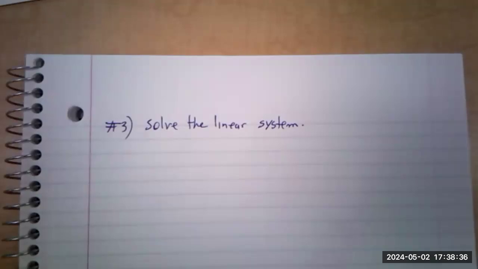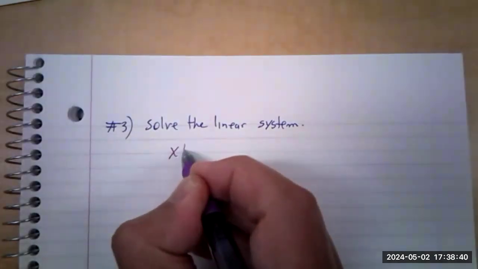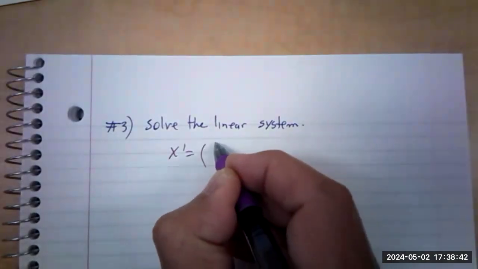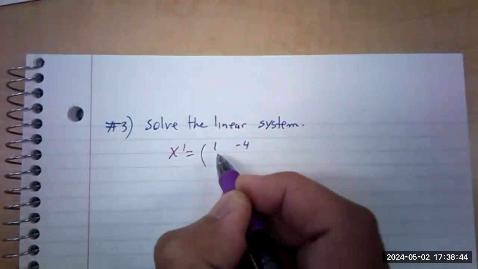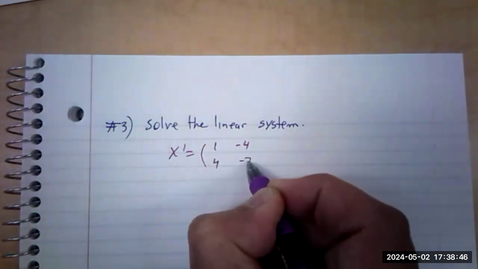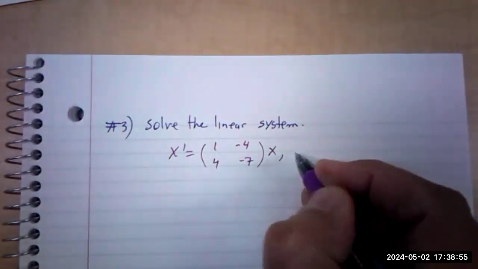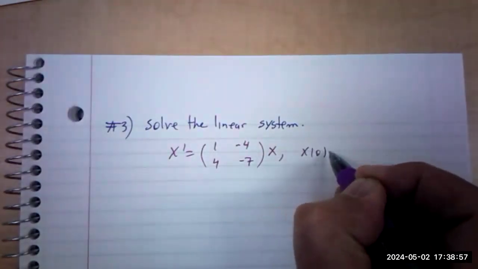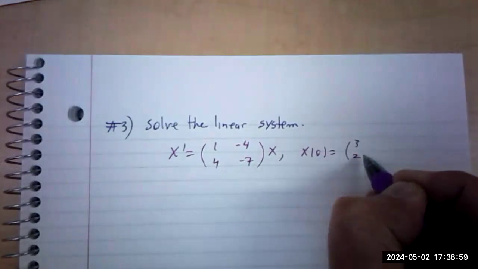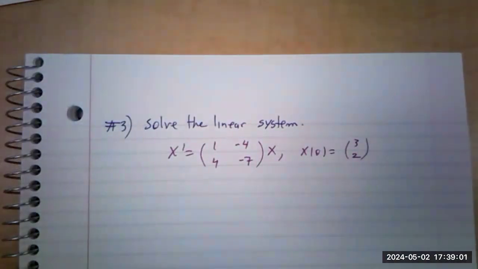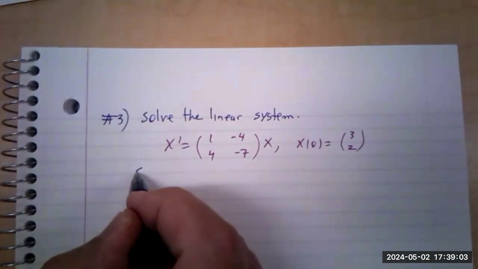So this is the system, x prime equals 1, -4, 4, and we give you 3 cases: complex eigenvalues, distinct eigenvalues, and the repeated. And you have an initial condition as well, x of 0 is equal to (3, 2). Just go for it.